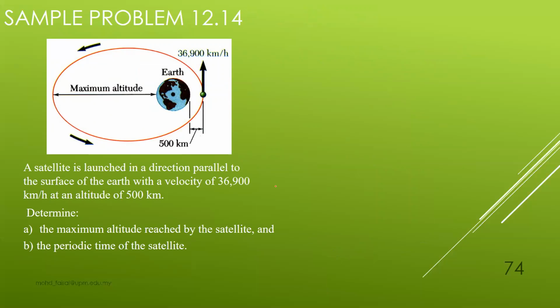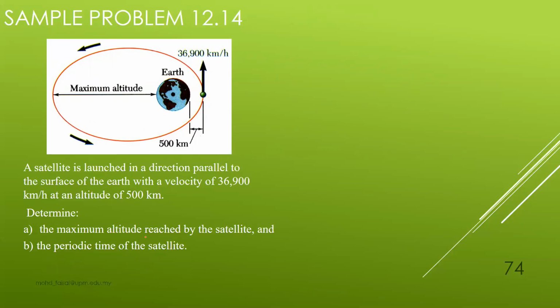Then we look into another example. A satellite is launched in a direction parallel to the surface of the Earth with a velocity of 56,900 kilometers an hour at an altitude of 500 kilometers. Determine the maximum altitude reached by the satellite and the periodic time of the satellite.